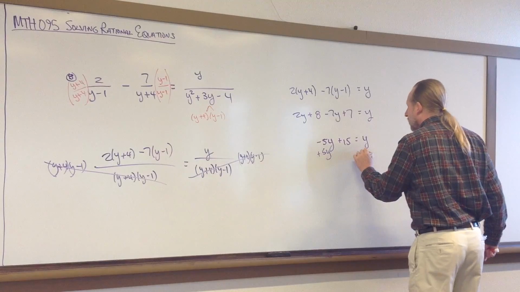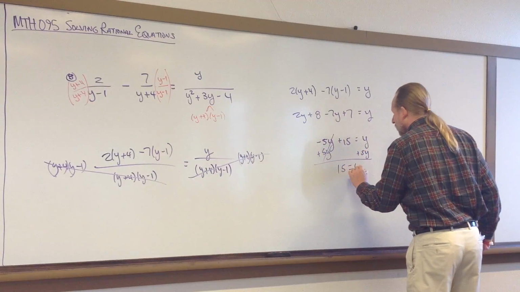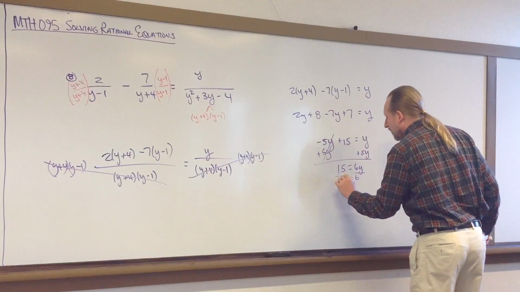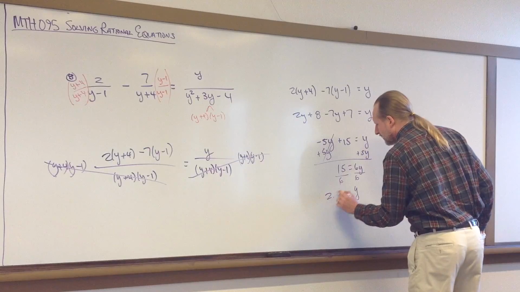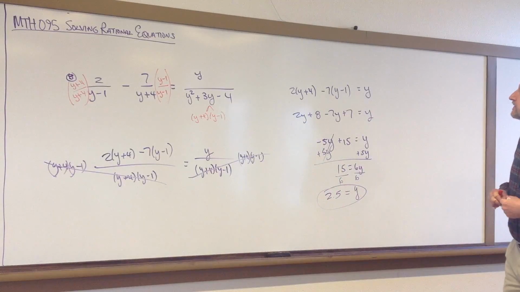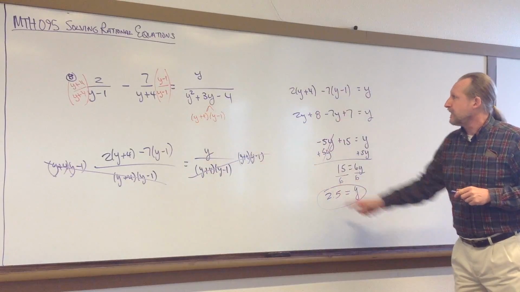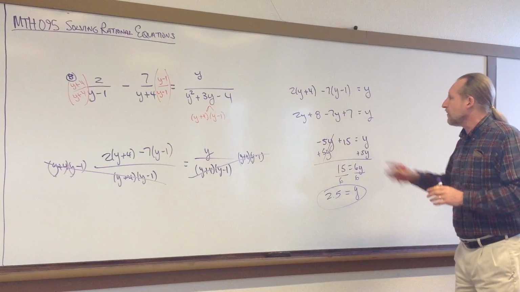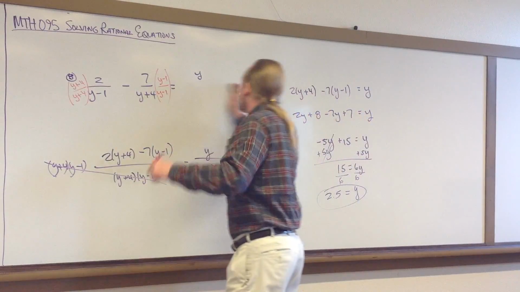Add the 5y to both sides. 15 equals 6y. 15 over 6 is going to be, I think that is 2.5. Okay. So there's problem 8. Again, we got one solution out of that because we ended up with this nice linear equation. It's much easier to solve than a quadratic equation.